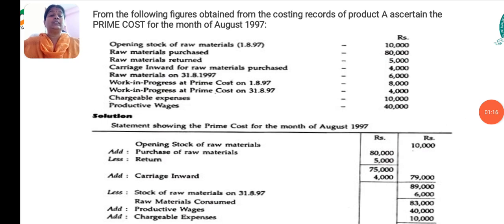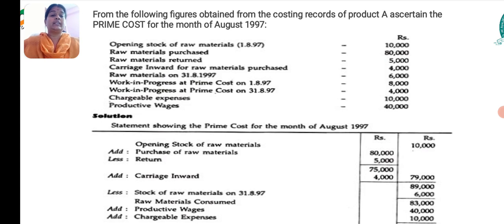Opening stock of raw material, that is 1/8/1997, is 10,000. Raw materials purchased is 80,000. Raw material return is 5,000. Carriage inwards of raw material purchased is 4,000. Raw materials on 31/8/1997 is 6,000.